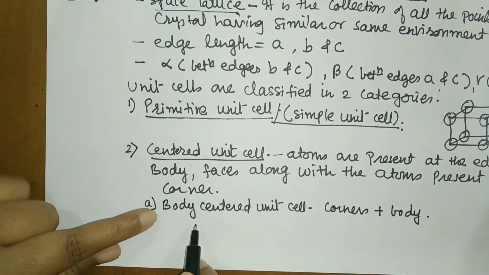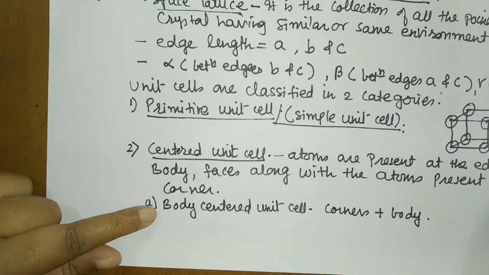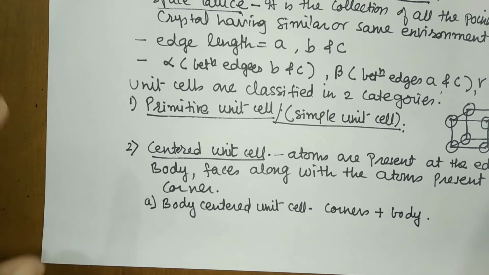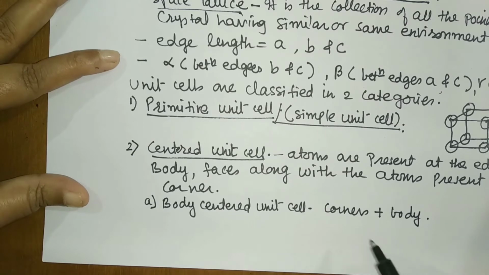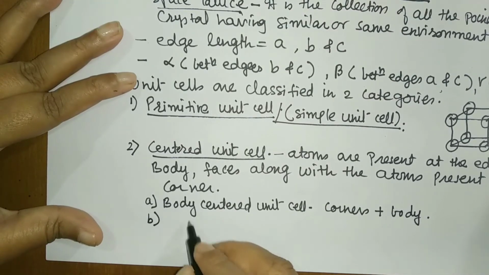So how will I define a body centered unit cell? This unit cell contains one constituent particle, atom, ion or molecule at its body center other than the atoms which are present at the corner. So corner plus body.